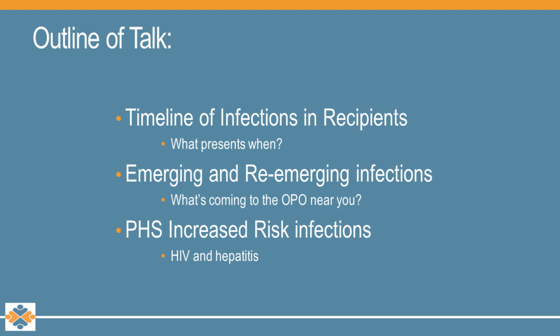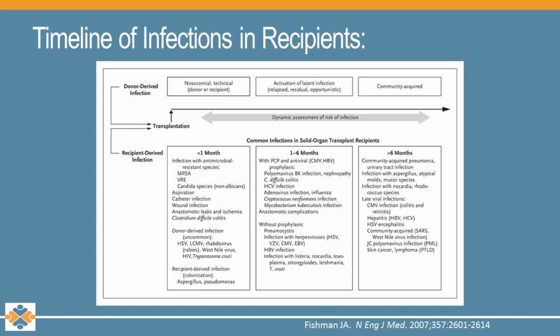We'll then dive into a couple of particularly highlightable emerging and re-emerging infections, and we're going to talk a bit about Zika and West Nile in that list, and maybe some TB and Toxo. And then I was going to end with a discussion of what's happening in relation to our opiate overdose epidemic and how that's affecting us in terms of HIV, Hep C, and increased risk donation.